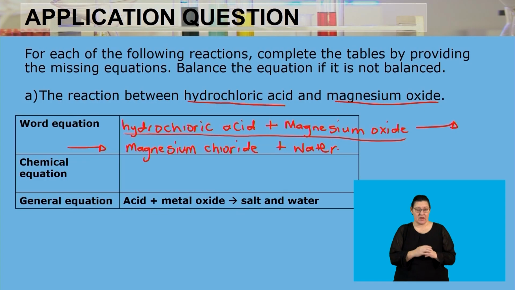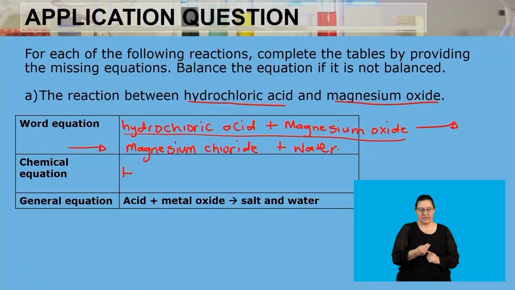So taking that word equation and now transforming it and making it a chemical equation, we do know that hydrochloric acid has a chemical formula of HCl. Capital letter H, capital letter C, and small letter l. So it's HCl plus MgO.